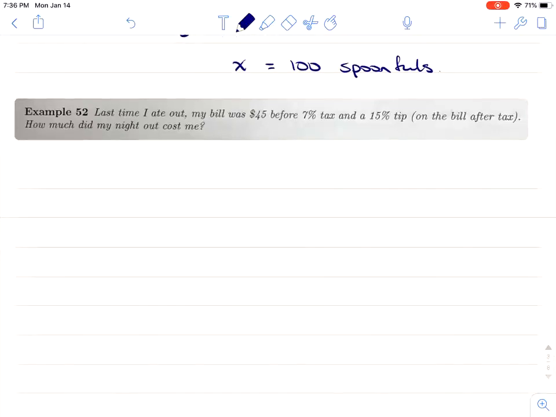And so, all right, we've got some different components. We've got the original cost before everything. So let's just outline what we're given here. Costs before tax and tip is $45.